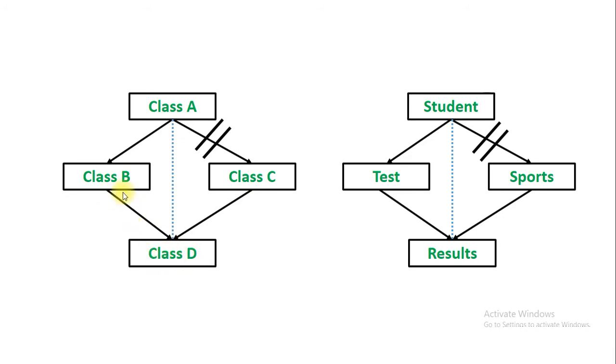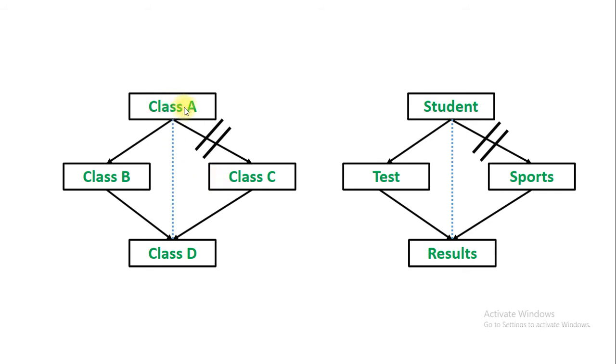At that time, class B says, I have 100 rupees of class A, and class C says, I will give 100 rupees of class A to class D. So what happens now? Class D contains 2 copies of class A.